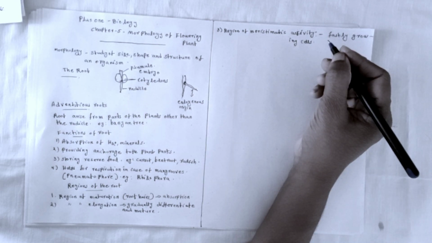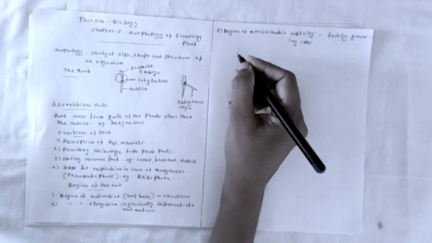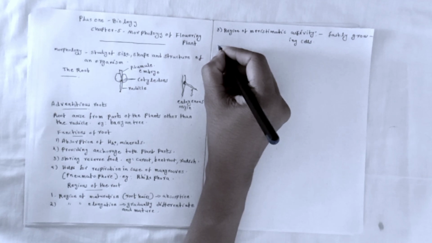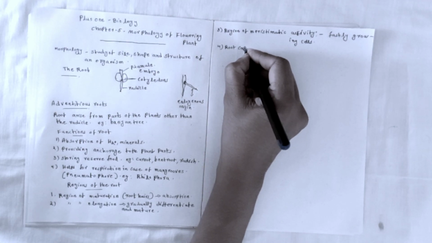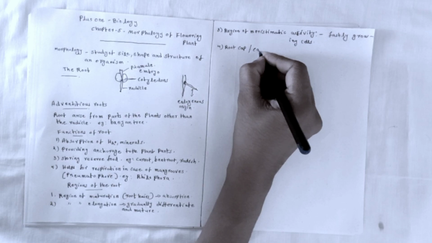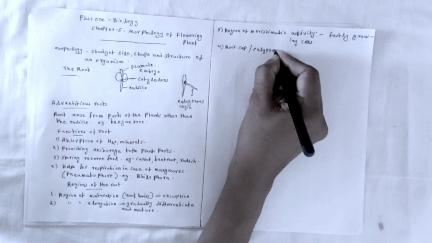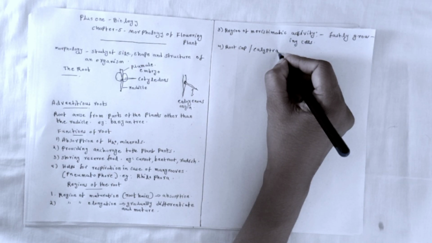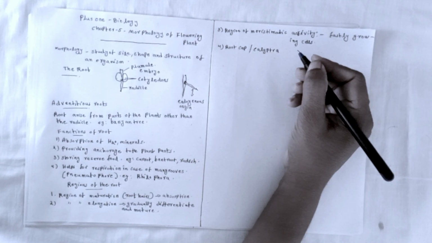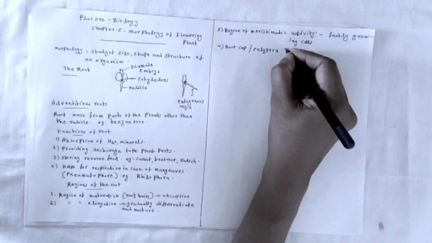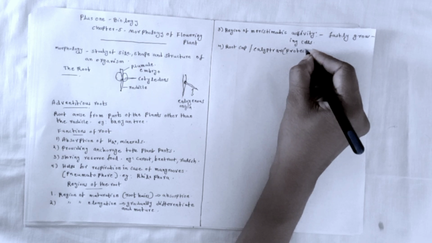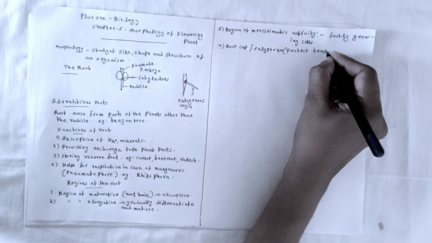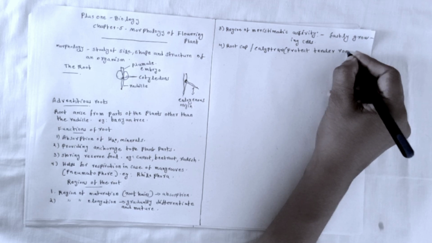Then the root cap, also known as calyptra. This calyptra or root cap protects the tender root apex.